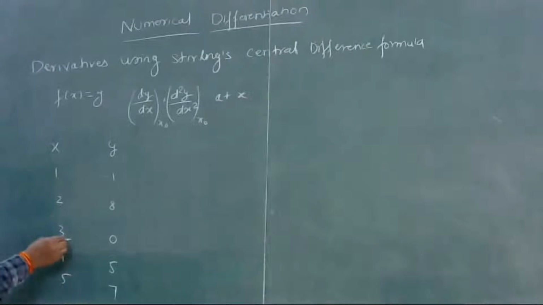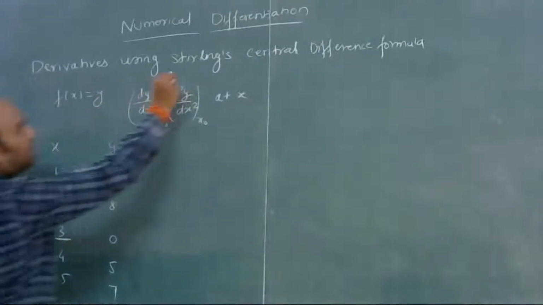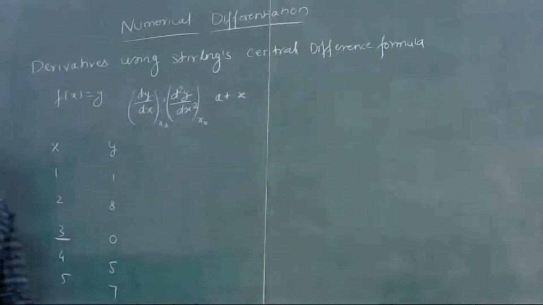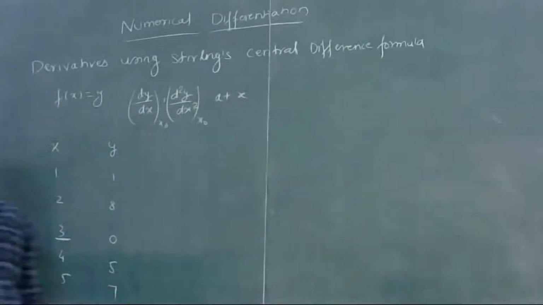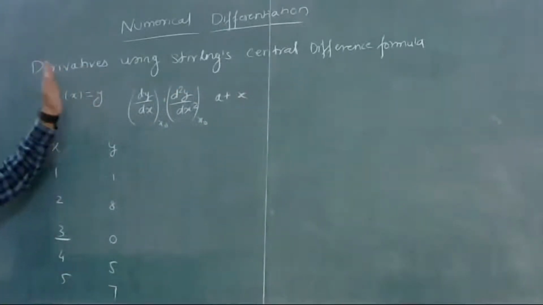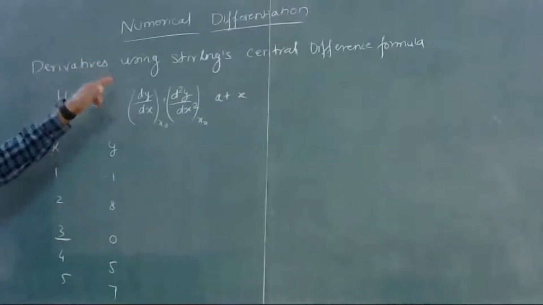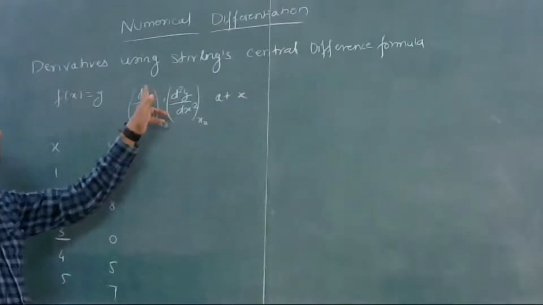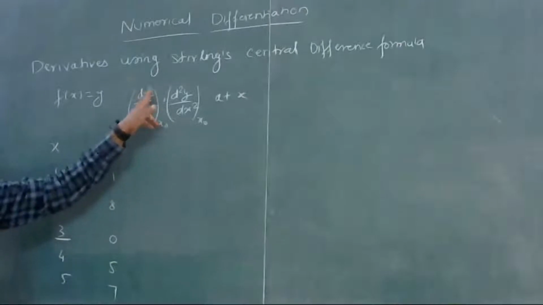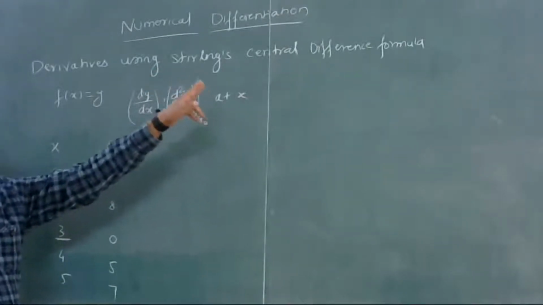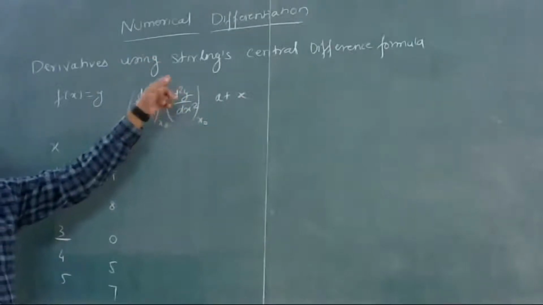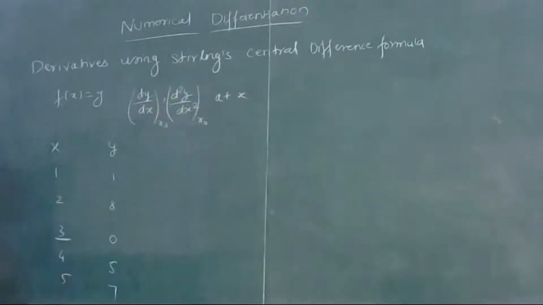Whenever you want to find the derivative dy by dx in the middle of the table, we normally use Stirling central difference formula or Bessel's central difference formula. So first we will derive the formula of dy by dx using Stirling central difference. Then we will derive using Bessel's central difference formula.